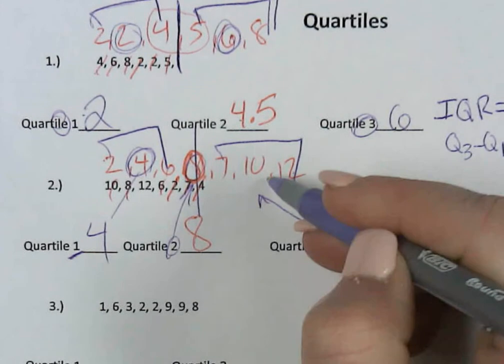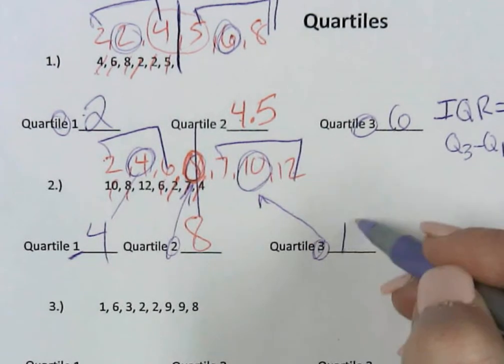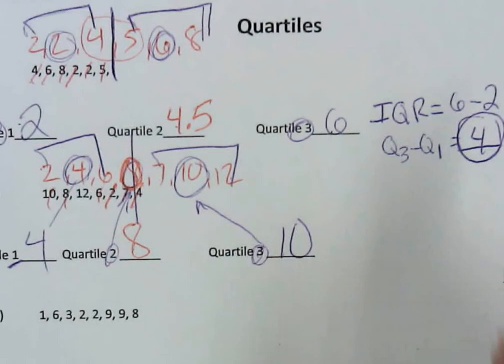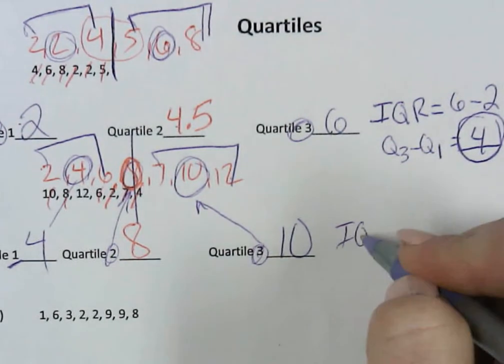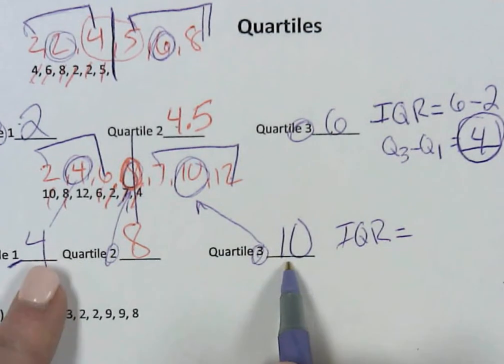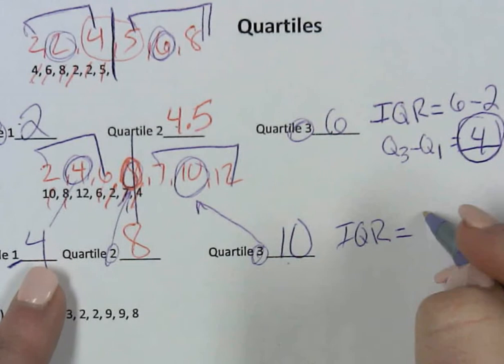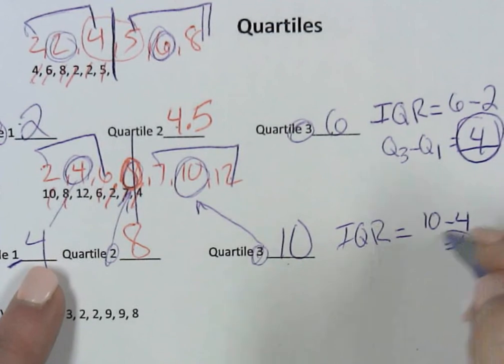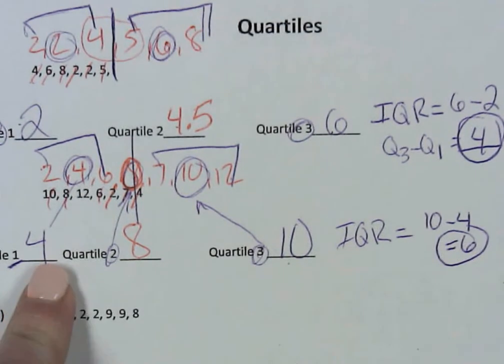The middle number in our third section is 10, so our Q3, our third quartile, is 10. Let's add our little IQR blank. IQR for range means our upper minus our lower. Q3 was 10, Q1 was 4, and 10 minus 4 equals 6. So our IQR is 6.